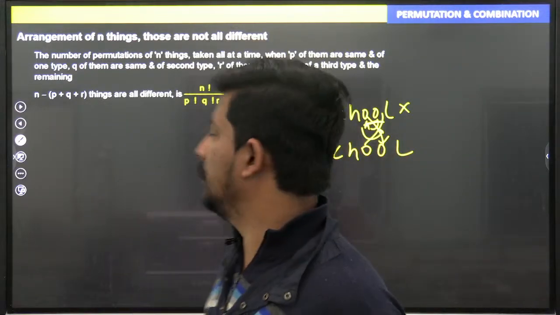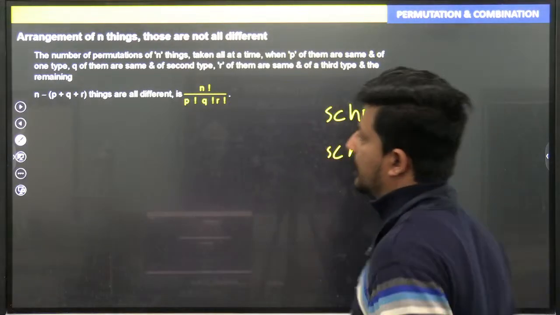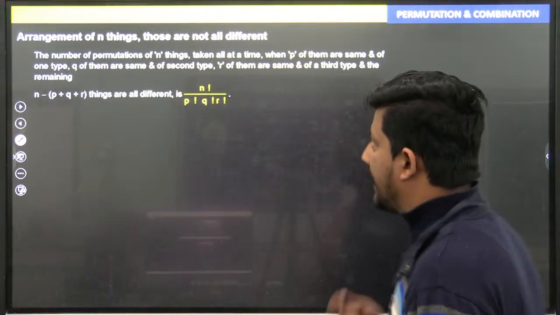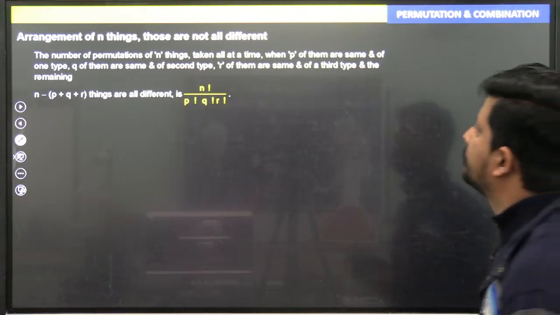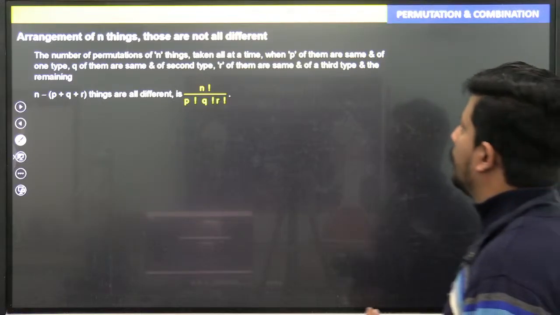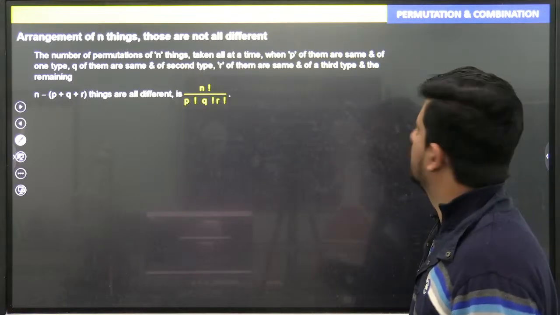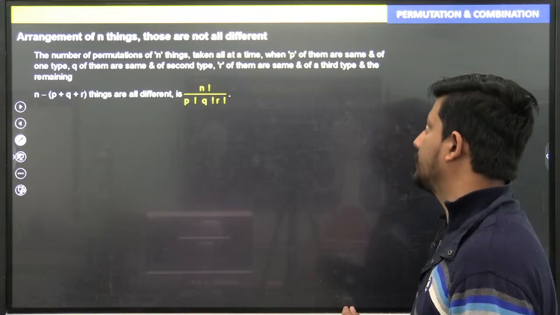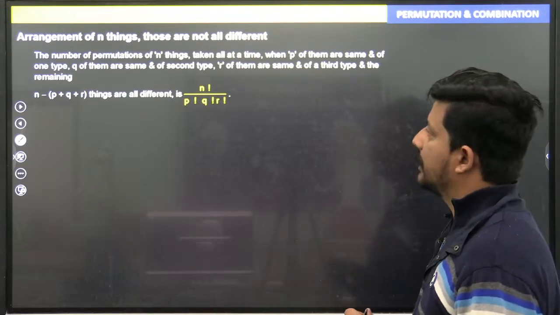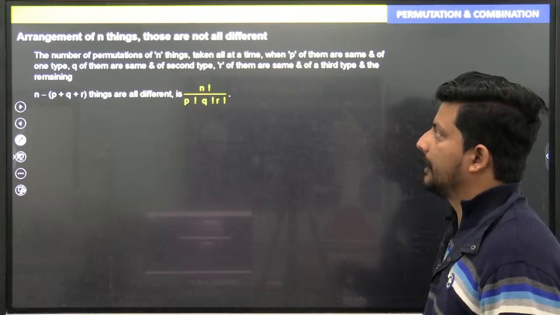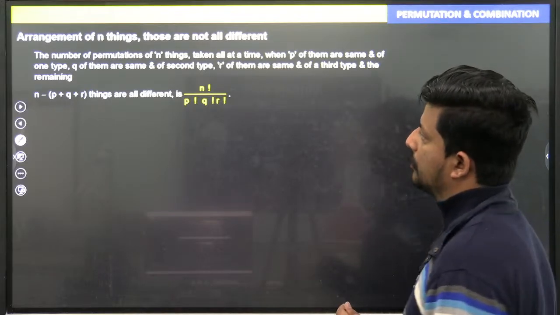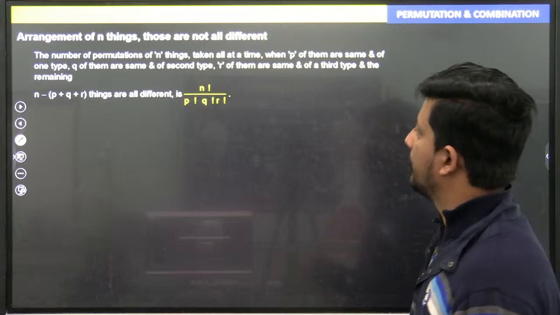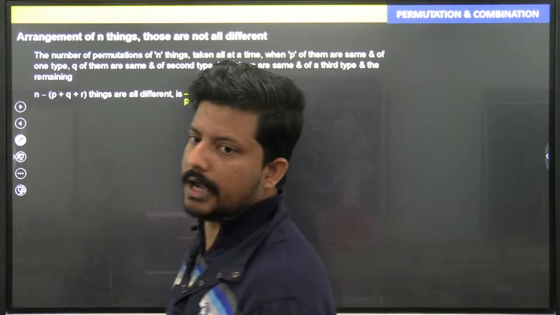So the number of permutations of n things, taking all at a time, when P of them are same of one kind, Q of them are same of a second kind, R of them are same of a third kind, and the remaining n minus (P plus Q plus R) things are all different, is n factorial upon P factorial times Q factorial times R factorial.